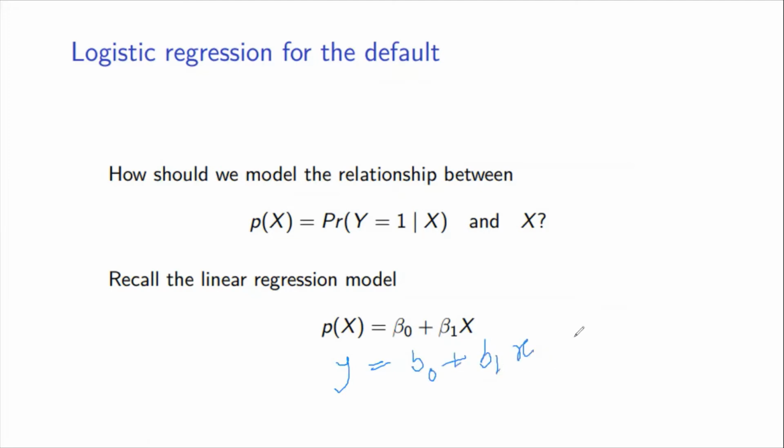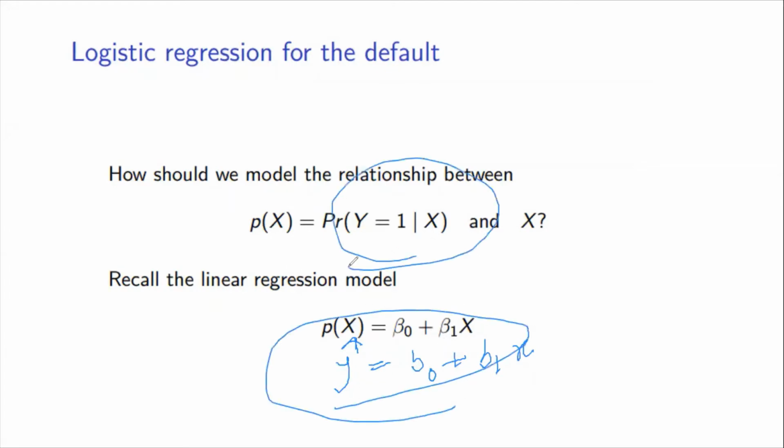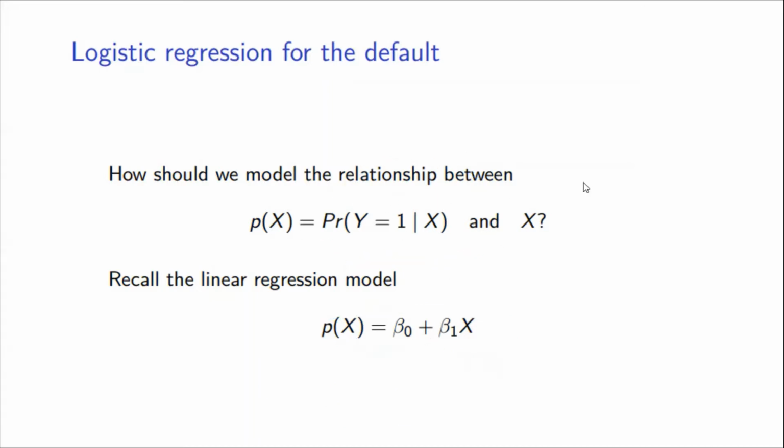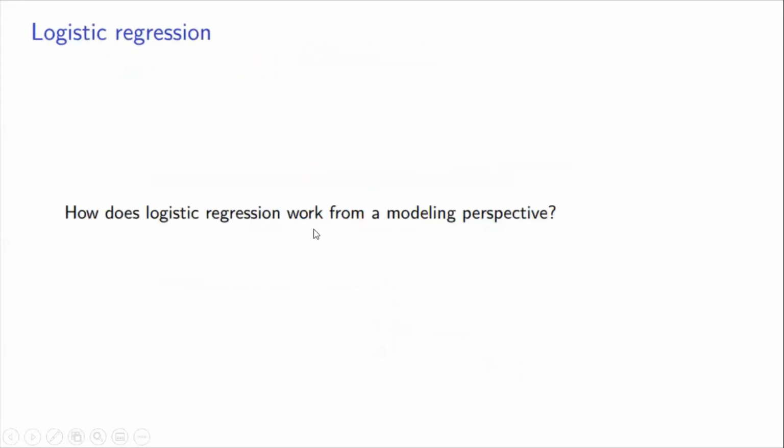So these are all the same. Basically, the linear model states that we have the intercept and slope, and then X, okay? So we have this, and then we want to get this probability based on that one, okay?